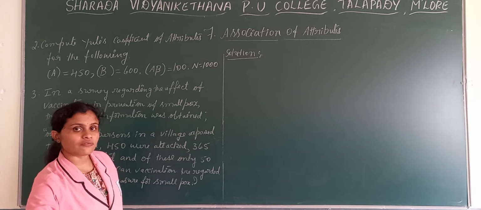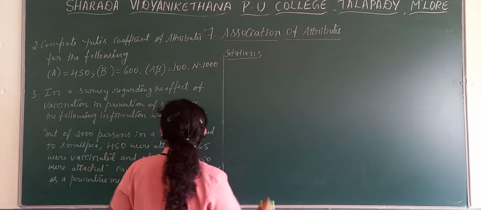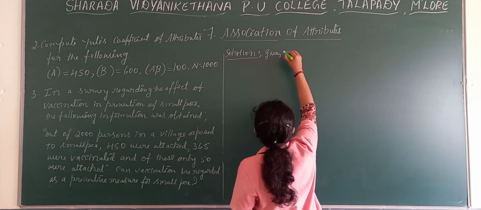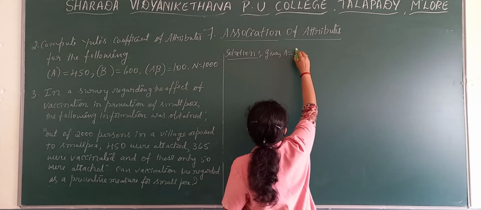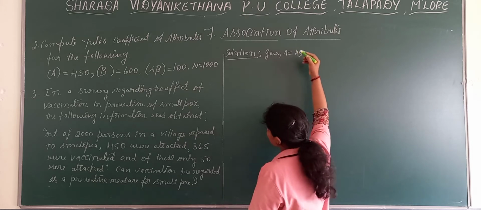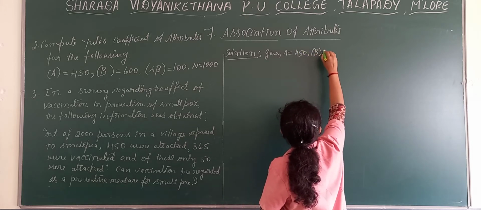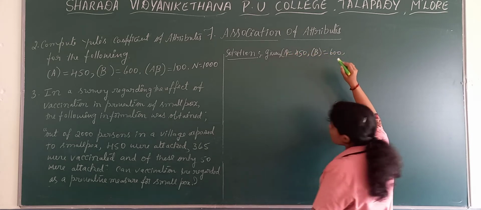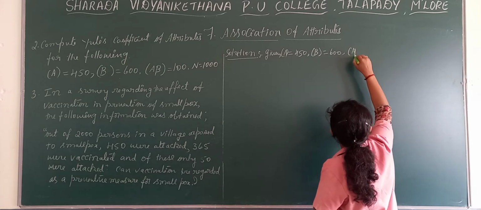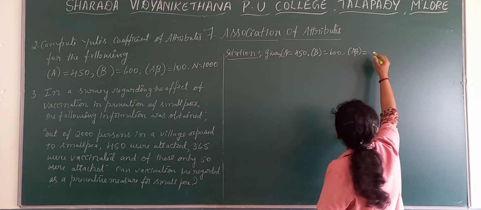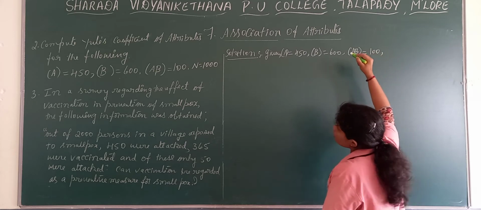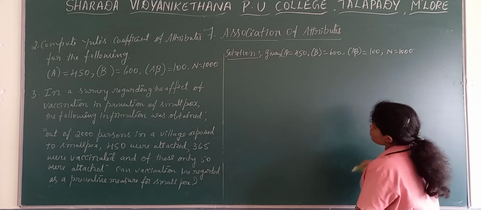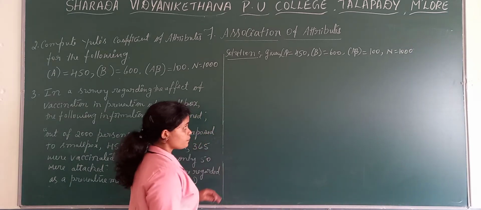Here the given values are A is equal to 450, B is equal to 600, A beta as 100, and N is equal to 1000.